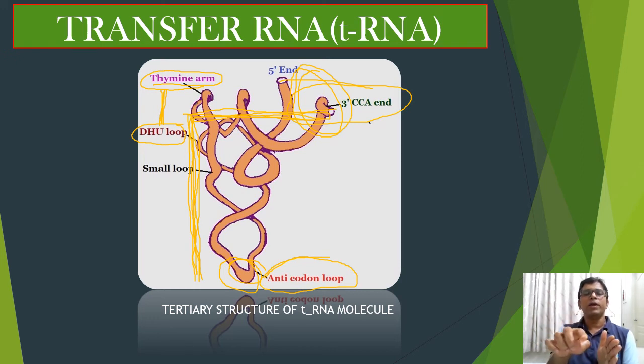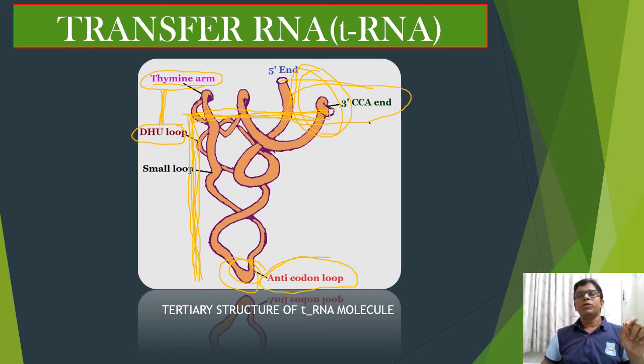Due to twisting, the T-Psi arm and DHU loop come closer, and the anticodon loop becomes the tip of one arm, and the acceptor arm, or amino acid binding site, becomes the tip of the other arm of the L-shaped tertiary structure.